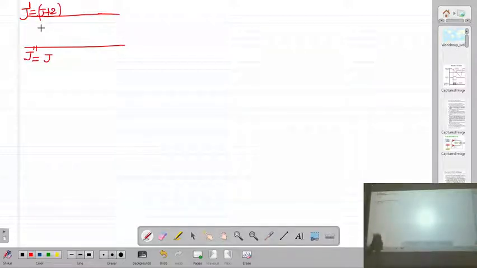This is the lowest rotational level, J double dash is equal to J. And this is the upper level, J dash is equal to J plus 2. Let us consider two rotational levels.